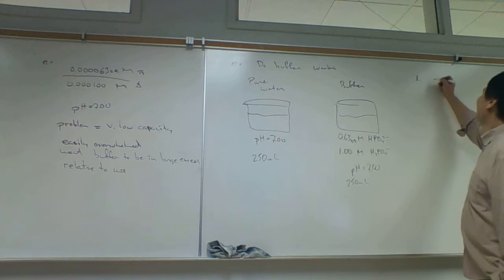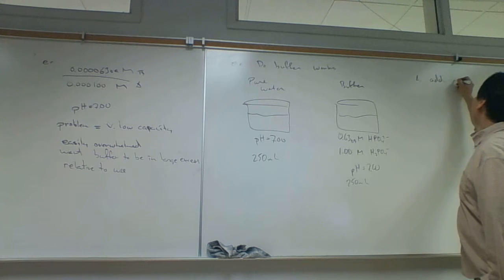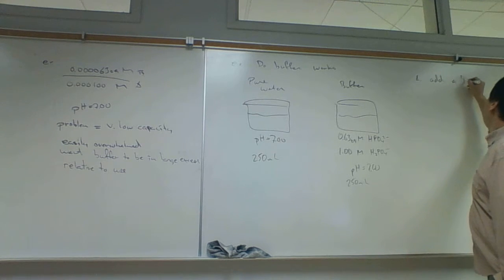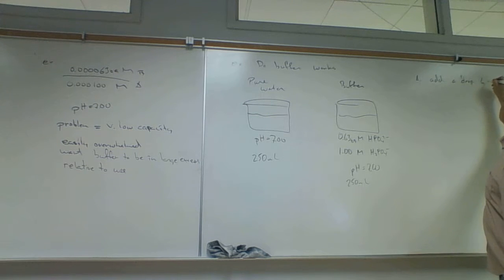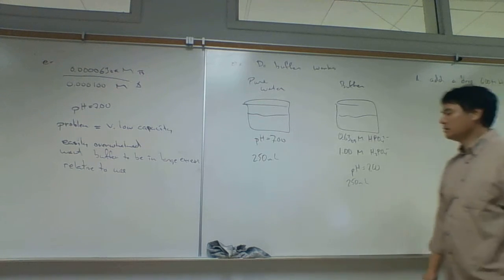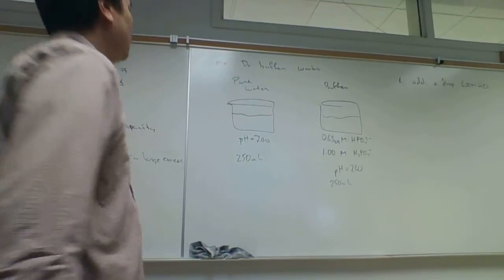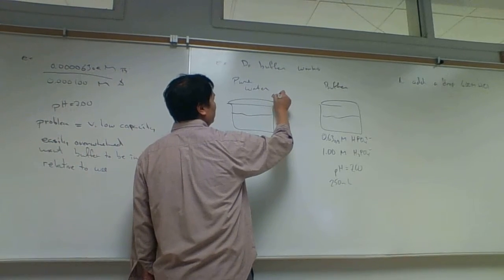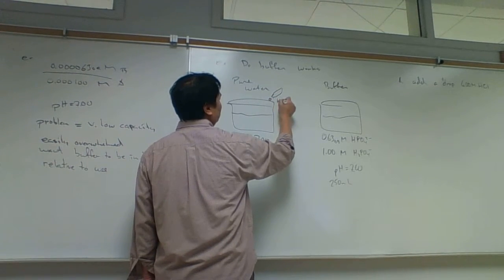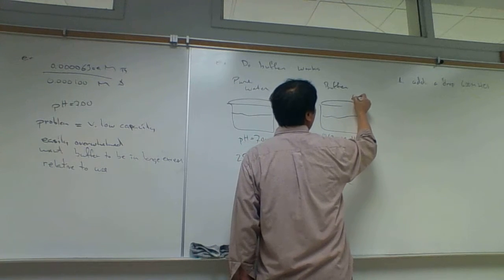And then A, we're going to add a drop of dilute HCl, 6.00 molar HCl. And then we'll do another calculation after this. So if we add a drop of 6 molar HCl, we're going to add it to both. So over here we'll have some HCl, and here we'll have some HCl.